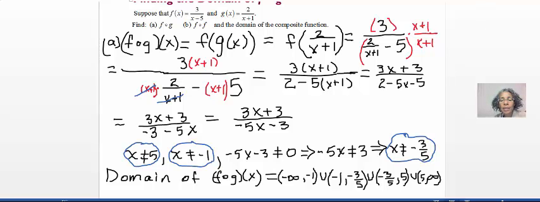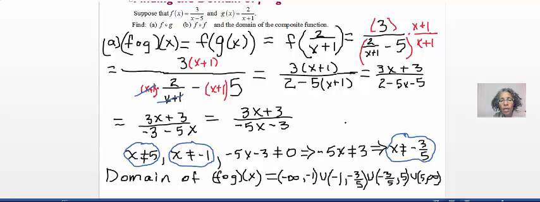Okay, so in this kind of problem, it's easy to just think about what's the domain of f and g and forget about the fact that you cannot have a 0 in this final denominator either.